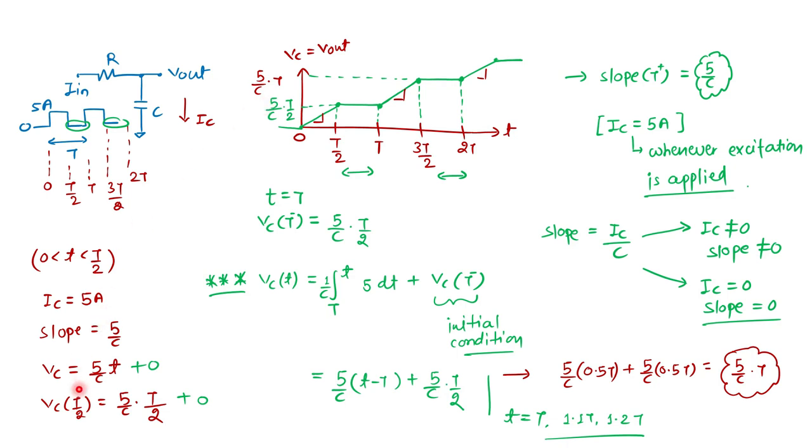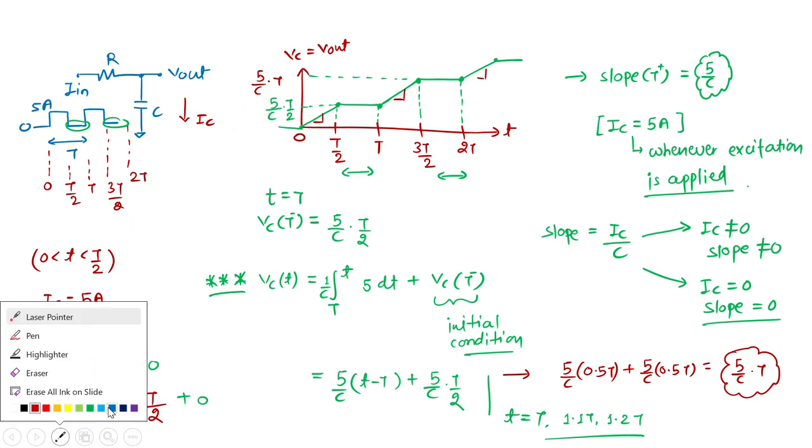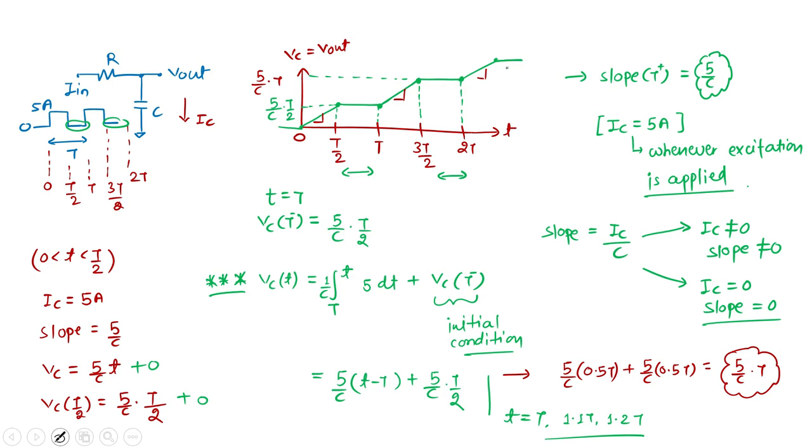Again in this duration also, I am adding 5 by c t by 2 here, and again adding 5 by c t by 2 here, so it is reaching 5 by c t, and again here I will add this value 5 by c t by 2.